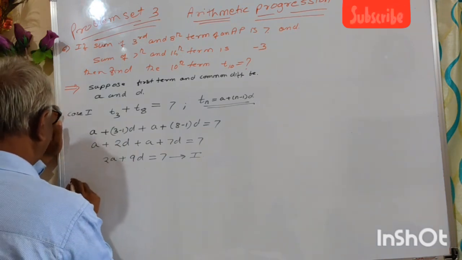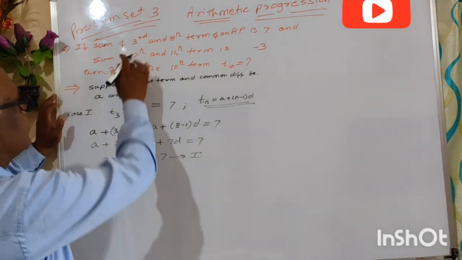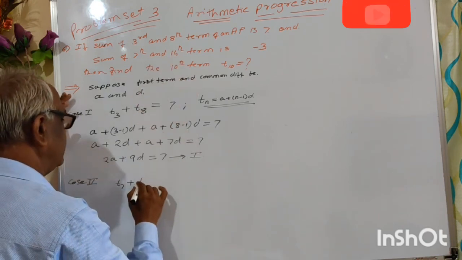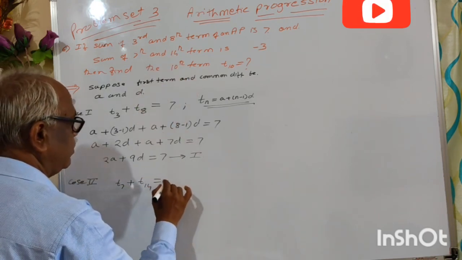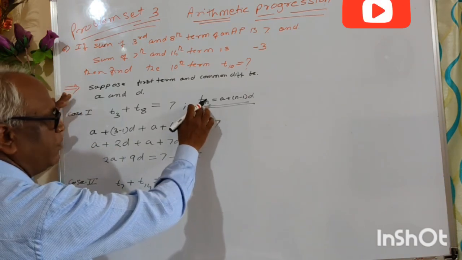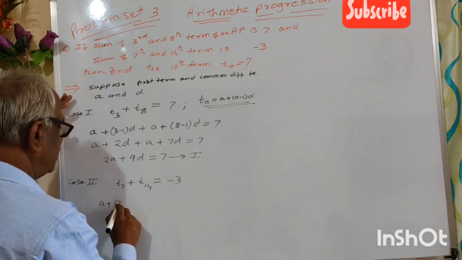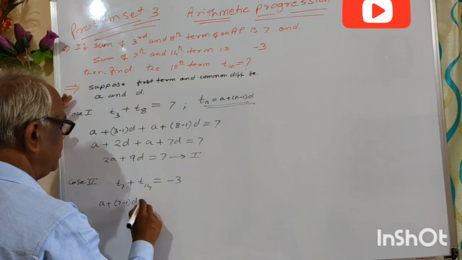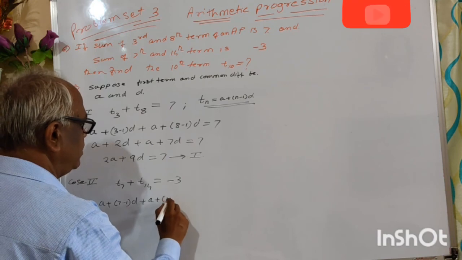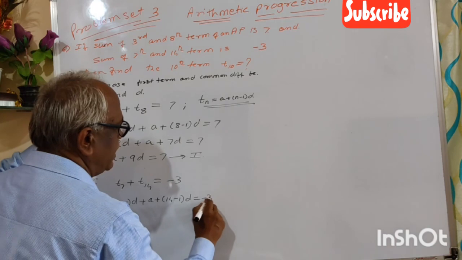Now case second. Case second is the 7th term, that is T7, plus the 14th term T14, is equal to minus 3. In this formula we will get A plus (7 minus 1) into D plus A plus (14 minus 1) into D, which is equal to minus 3.